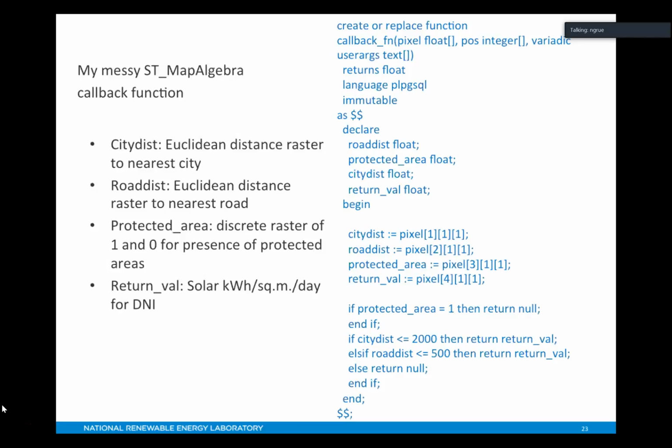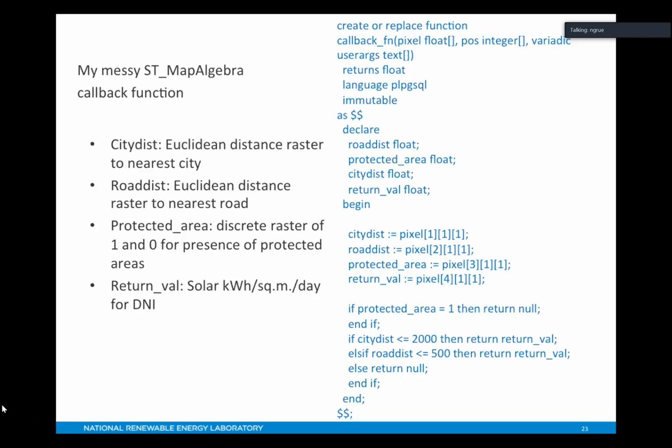And so down here in the middle, you see where it has city distance is pixel in the first position, and then road distance is pixel in the second position. So these are Euclidean distance rasters. And so these rasters will show you the distance from that cell to the closest either road or city.